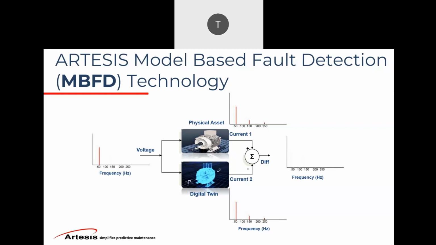So first of all, what the system does, it looks at those waveform distortions and signals and compares them with the proprietary database that Artesis has created in the past 20 years.